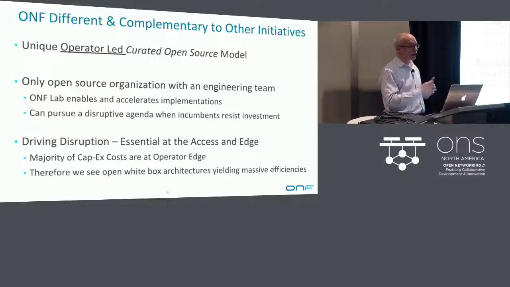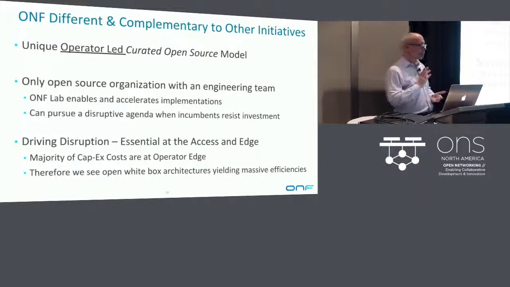Because to be frank, there are many times when we pursue an agenda that can be considered disruptive. I would say almost always that's what we're doing. That's our charter. And when you're doing something disruptive, it's hard to completely rely on outside resources to help drive your mission forward.